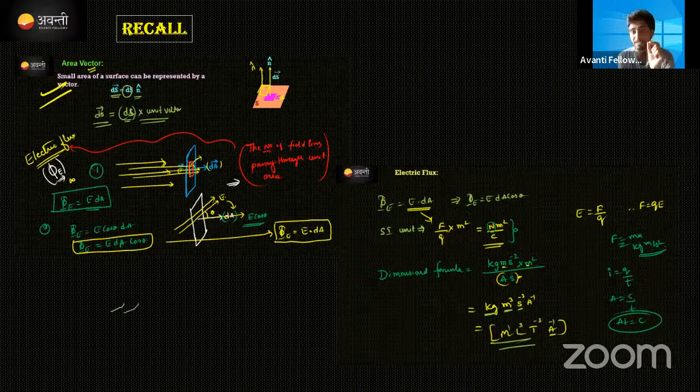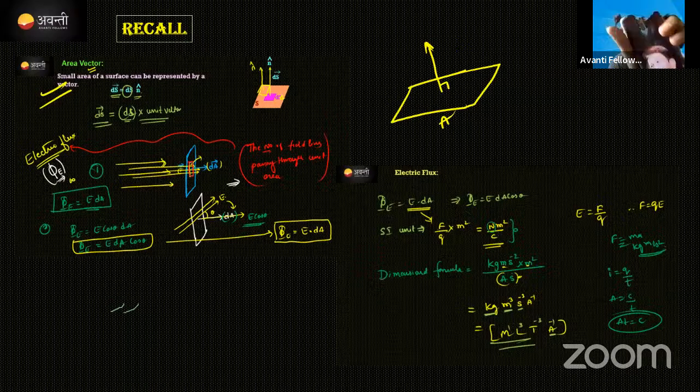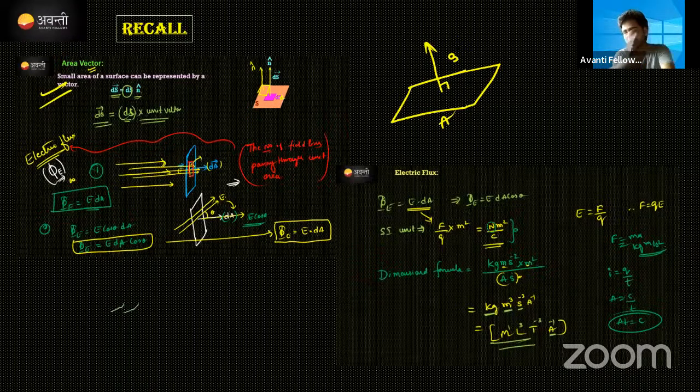Guys, just remember this point also. If you consider an area, the area vector is always perpendicular to the surface area, always 90 degrees. Look here, this is the area, suppose this is my phone, and this pen is the area vector.